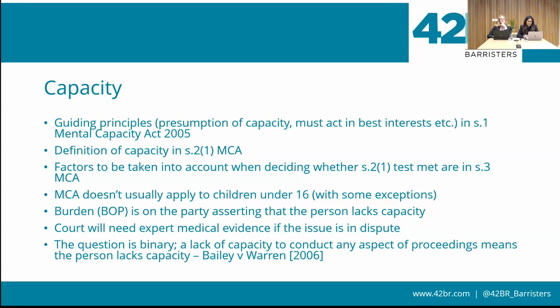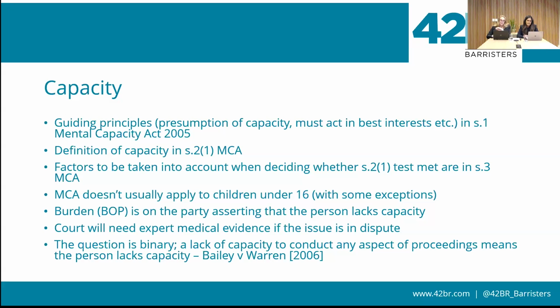Second, a person is not to be treated as unable to make a decision unless all practicable steps have been taken to help them do so, and those steps have been unsuccessful. The third principle is that someone is not to be treated as unable to make a decision just because they make an unwise decision.